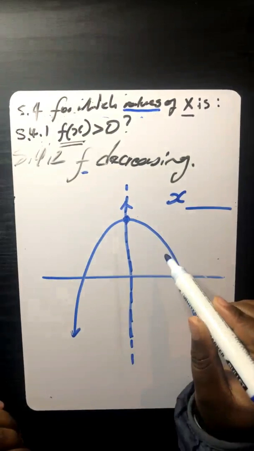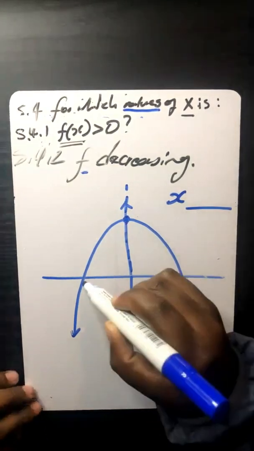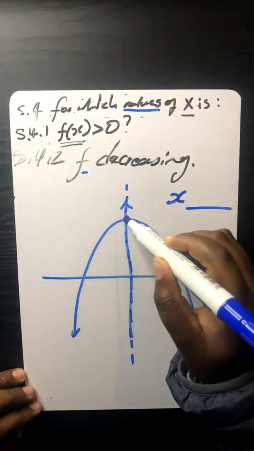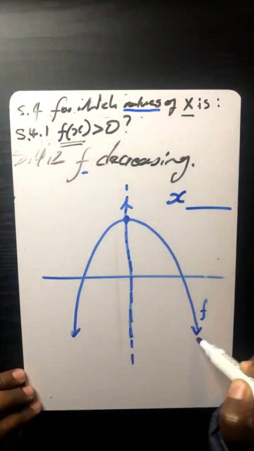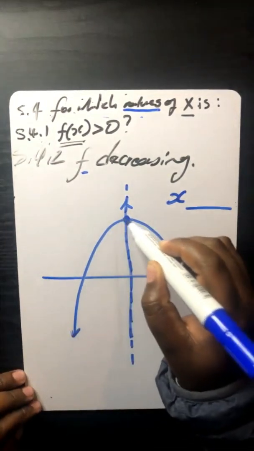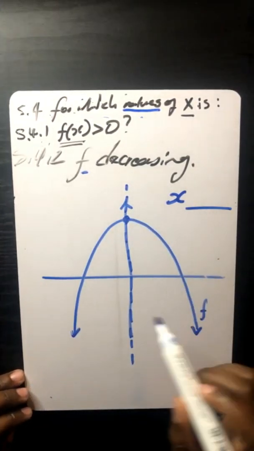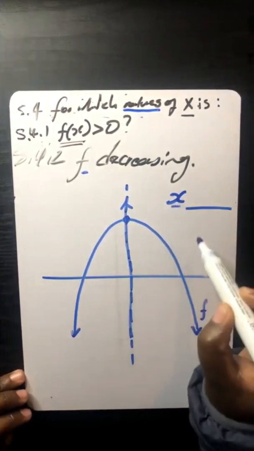Let me give you a hint. You can say this side is an increasing side and this side is a decreasing side, or the other way around. But what matters the most is that you comment on the x value.